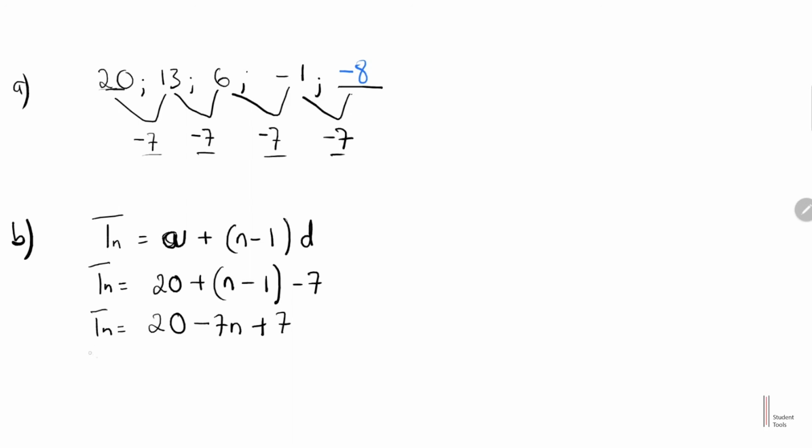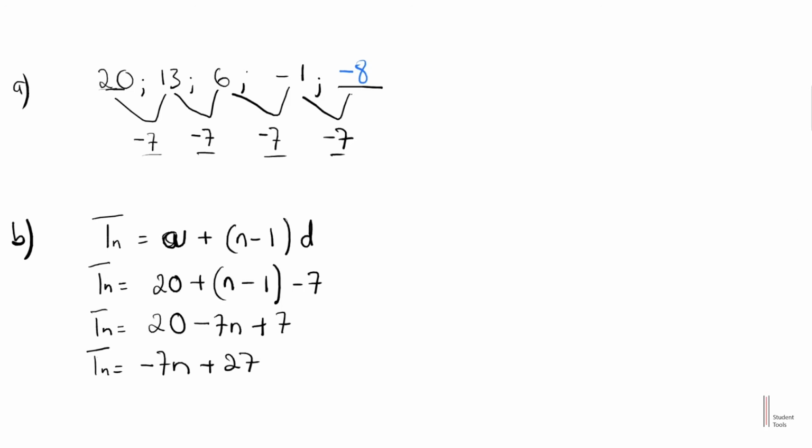Now we have the nth term equal to, I want us to start with the -7n, so let us do that. We'll have -7n. Here we have 20 plus 7, so that is plus 27. The nth term of this sequence is -7n plus 27. And that is just how we do it, ladies and gentlemen.